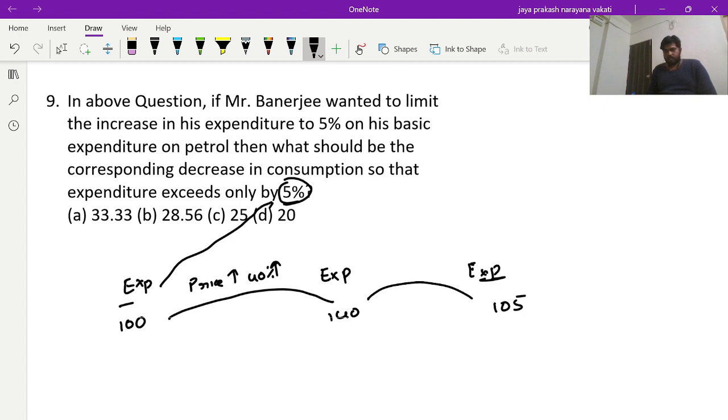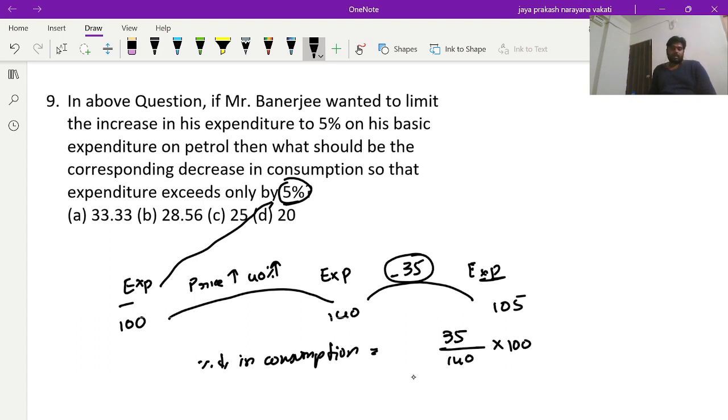That means how much is the difference here? 35 is the difference. So on this, your percentage reduction in consumption is 35 by 140 into 100.